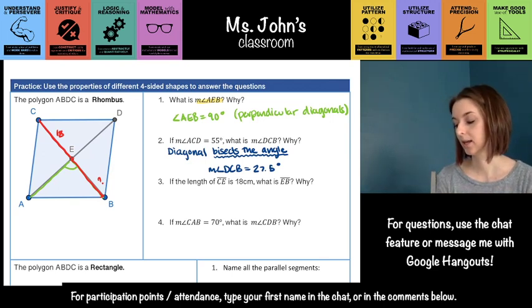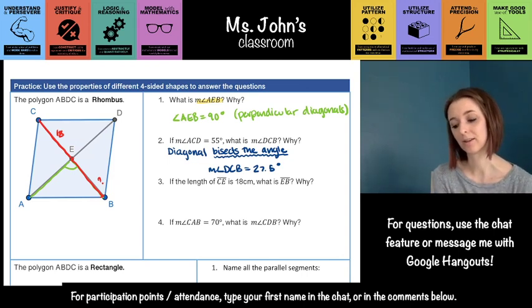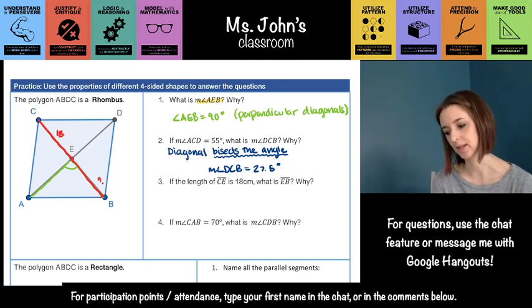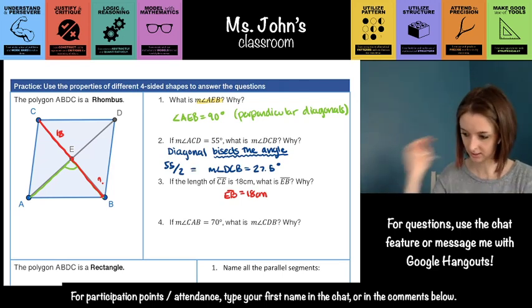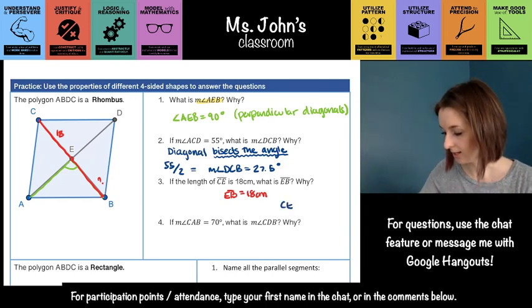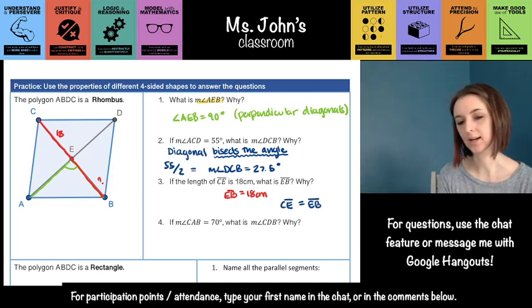With the 18 centimeters being the length of half of that diagonal, because those diagonals bisect each other, we know that the other half is going to be 18 as well. So the length of EB is also 18 centimeters. Maybe I'll write right here what I did there, 55 divided by 2. And the reason I'm going to put on here is that CE is the same as EB. They're equal because those diagonals bisect each other.